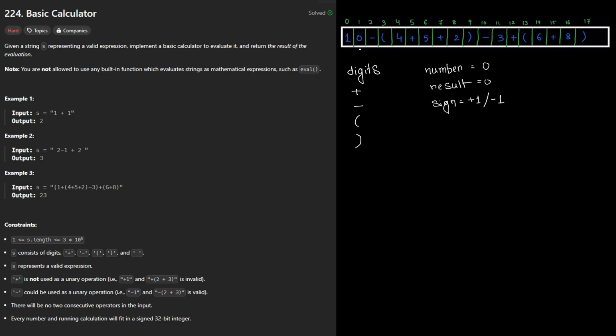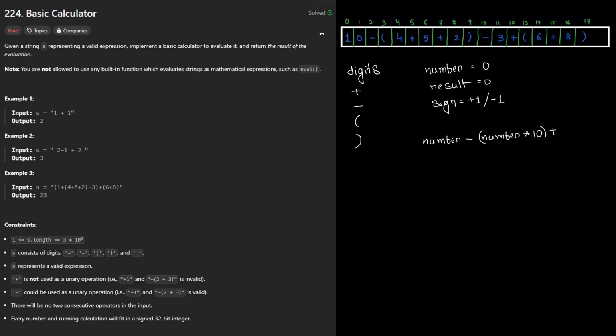While we are reading a number, let us take this example, 10. When you're iterating through that, simply adding one value would not work. So whenever you're getting a number, the number would be equal to the current number multiplied by 10 plus the digit.